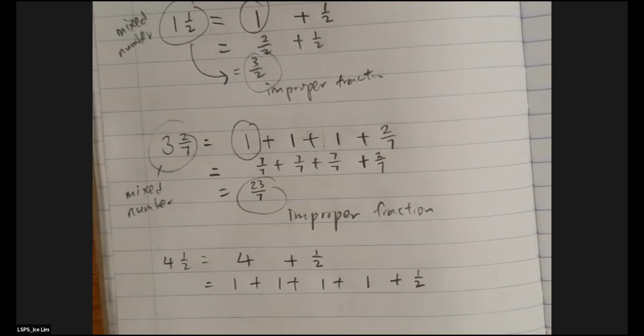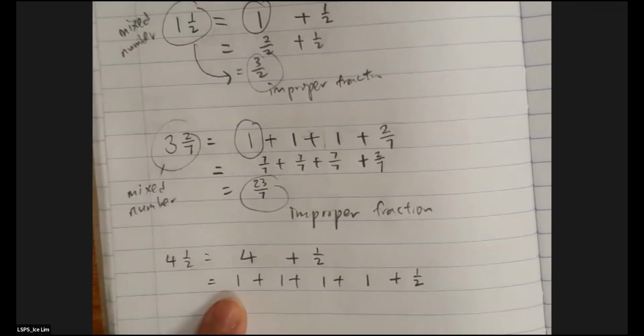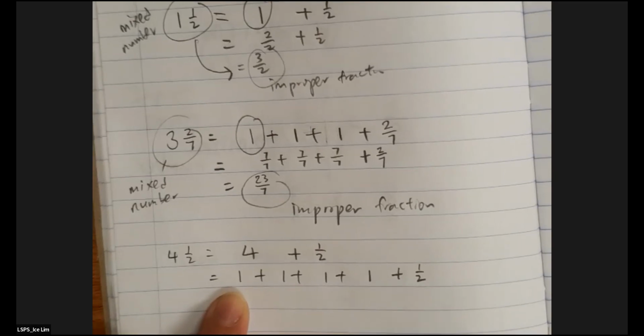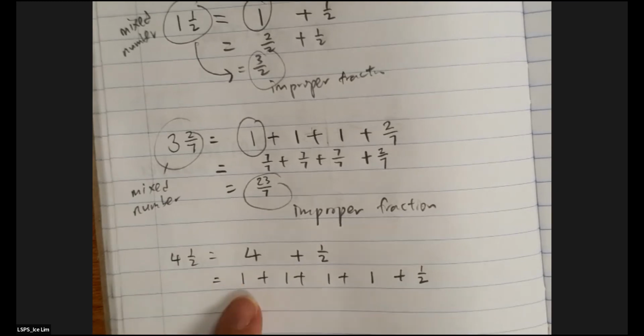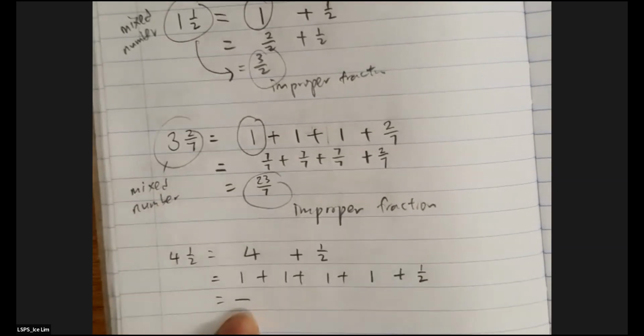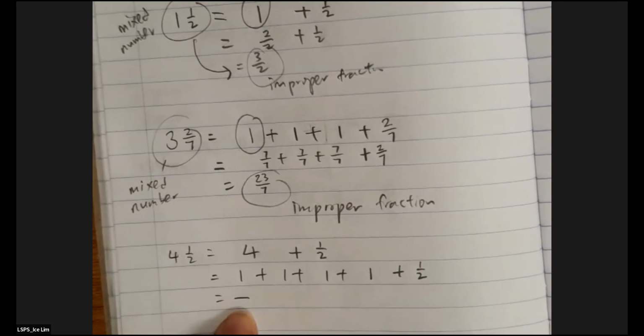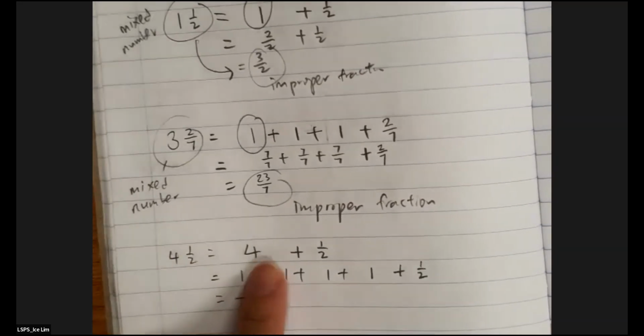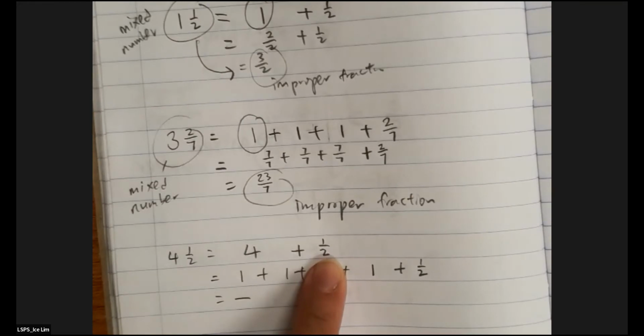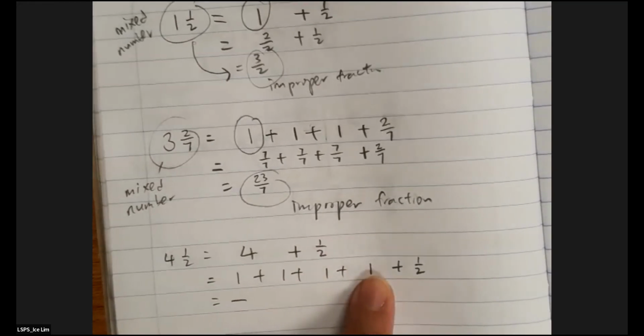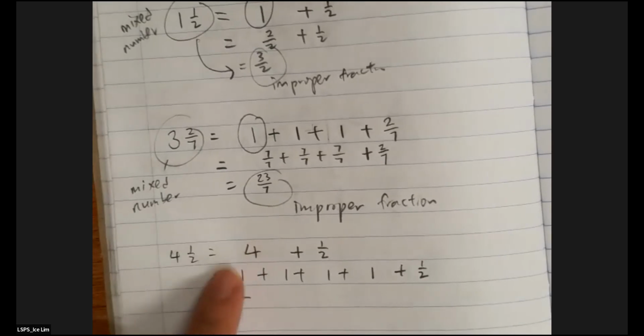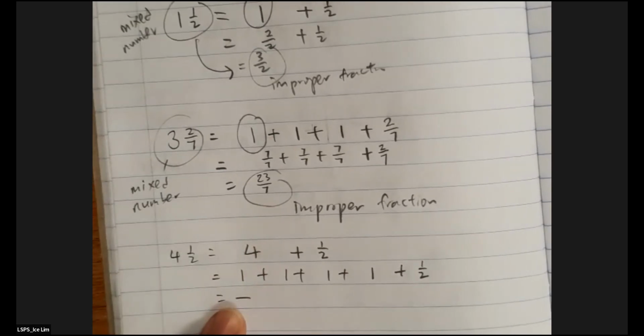Is that it? Okay. Rasha, what's 1 whole here? So 1 whole equals to? I'm asking you, what is 1 whole? 4 1/2 is made of 4 wholes and a half. Agree? 1, 2, 3, 4. 4 wholes and a half. If I change to 1 whole per fraction, what will it be?